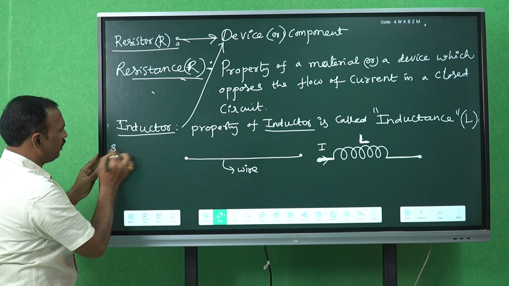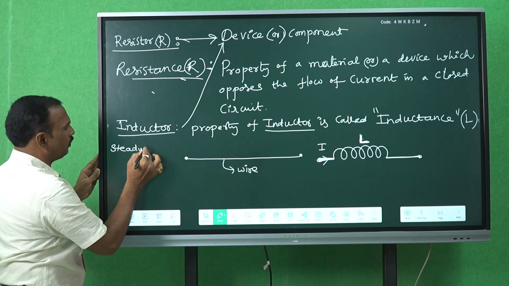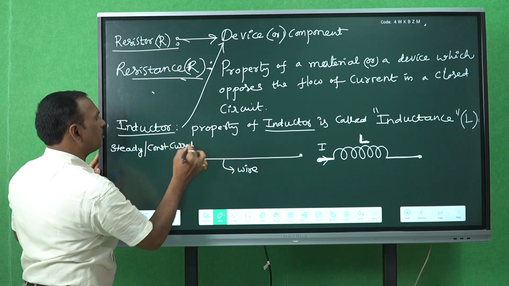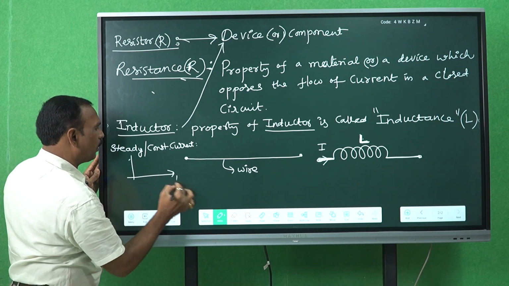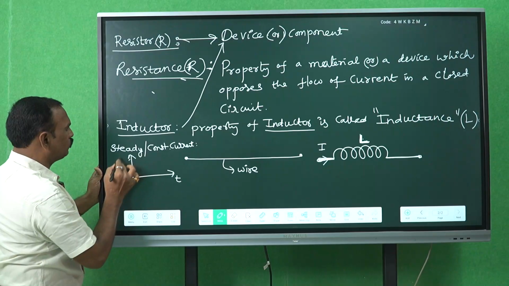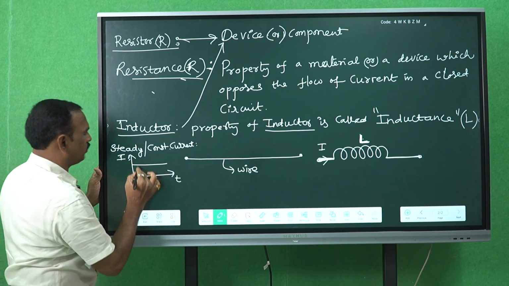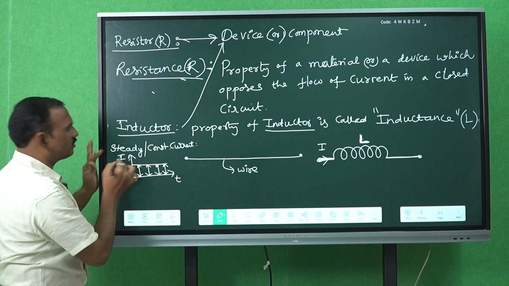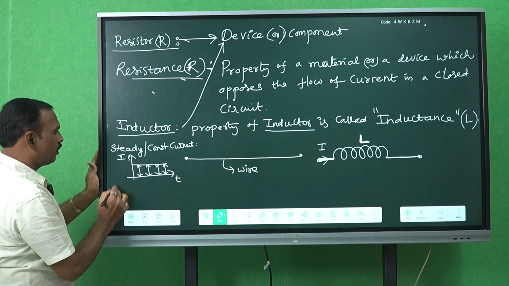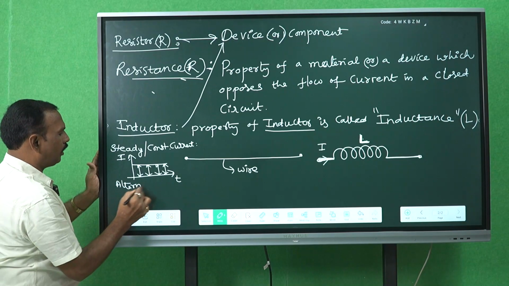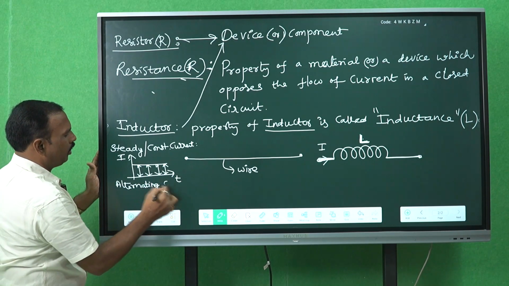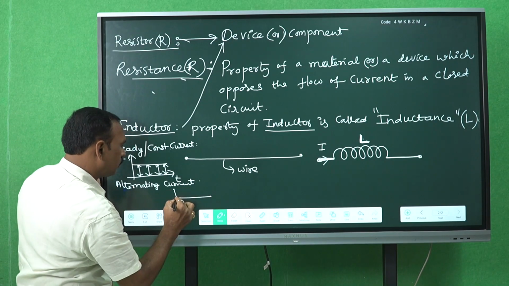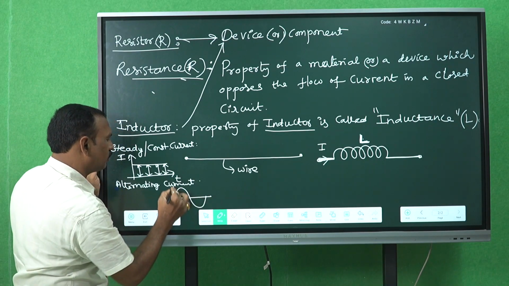Let us see this. Steady current, or constant current, means that with respect to time, the magnitude of current I is always constant. That is called steady current. What is the other type? Alternating current. Alternating current means the magnitude of the current alters with respect to time.